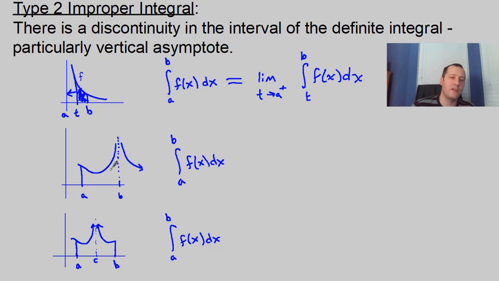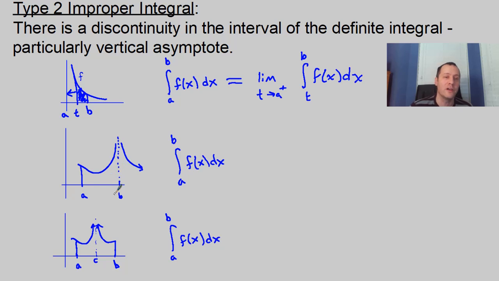And then same thing here. Ignore the other side of this. We're just going from a to b, so we're in this area here. We're looking for the area under the curve, but again, there's this vertical asymptote, so the curve goes up infinitely. But how close is this curve to that vertical asymptote? How long does it take for that curve to get really high? That's the question: does this region have a finite area?